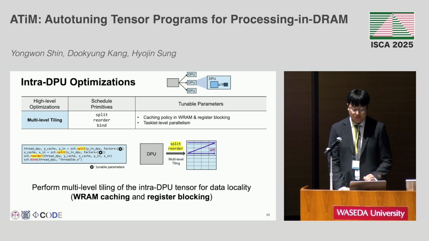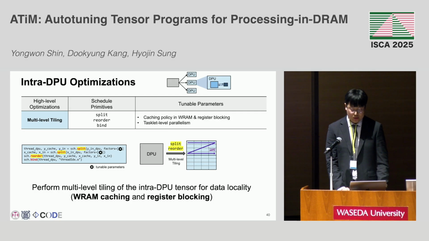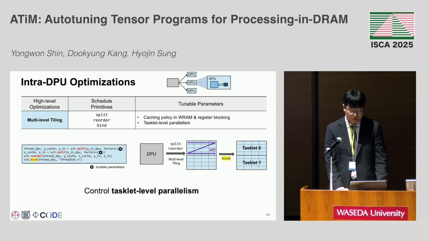To make each DPU run efficiently, it's important to ensure good data locality and parallel execution across tasklets. This optimization starts with multi-level tiling, which divides the tensor to improve data locality. It also enables tasklet-level parallelism by assigning loop levels to tasklets using the bind primitives.